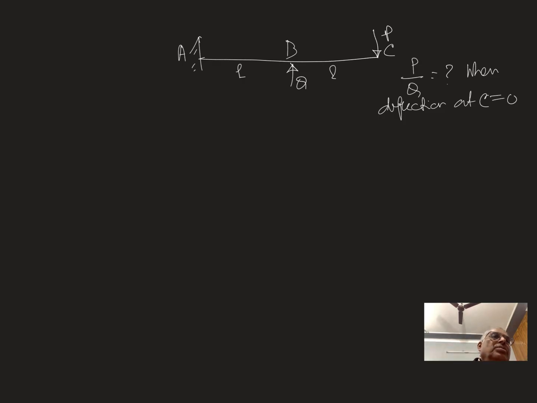We have to find out the ratio of P by Q when deflection at C is 0. Such types of problems you solve by the conjugate beam method, which is very easy.